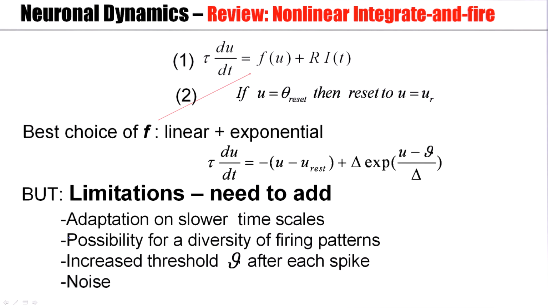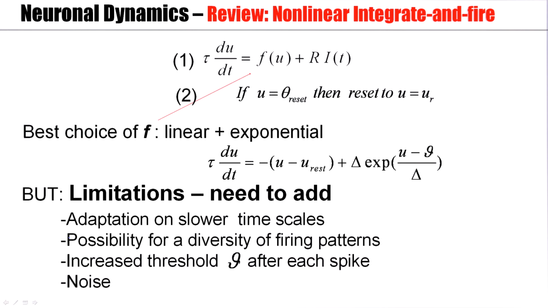However, that's not sufficient. Such a model completely neglects adaptation, processes that happen on a slower timescale. It's impossible to use such a model to account for the diversity of firing patterns.